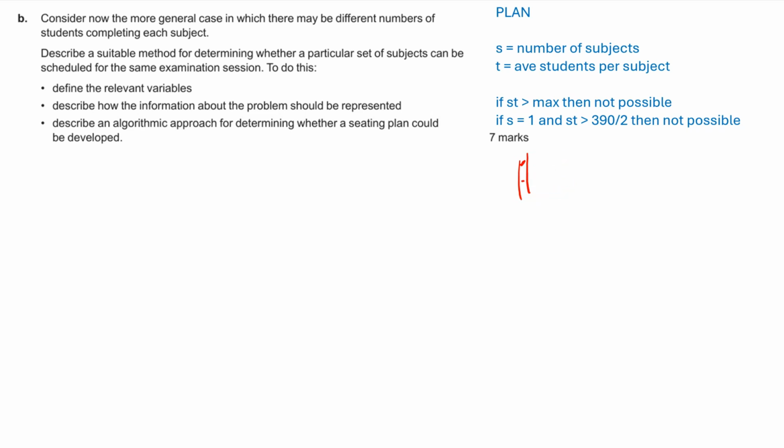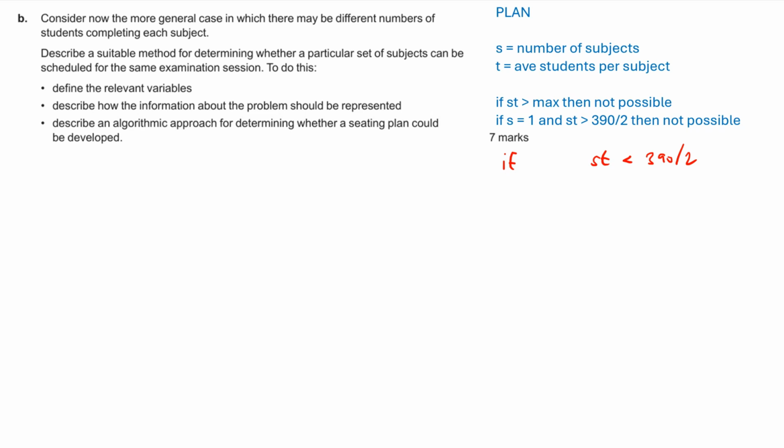This occurred to me as I was writing the model answer here, not model answer, but I thought, well, if the number of students is less than the number of seats divided by 2, well, in fact, we don't even need to say if S is greater than 1. If the number of students is less than half the number of seats, well then we can just put everyone in whichever order, leaving an empty seat between each one.